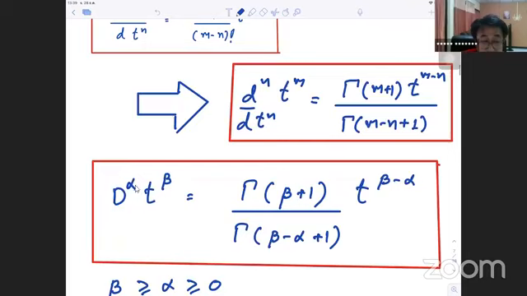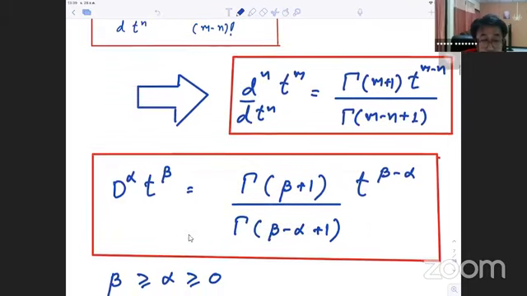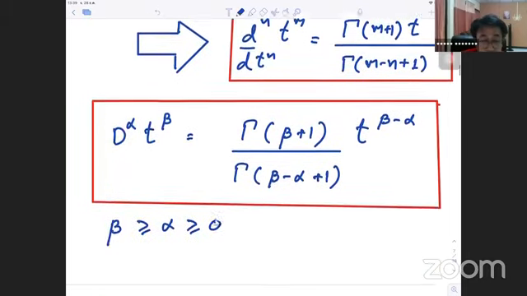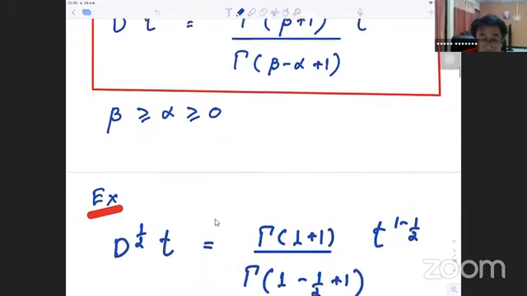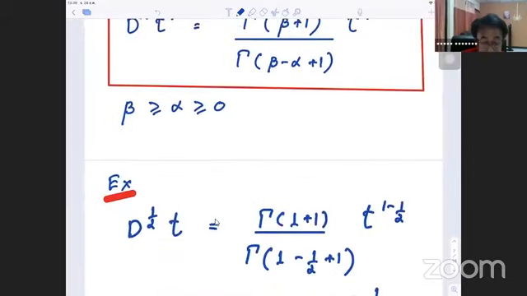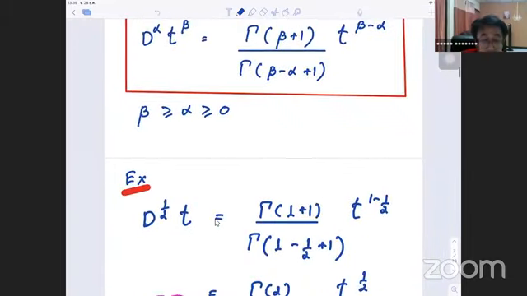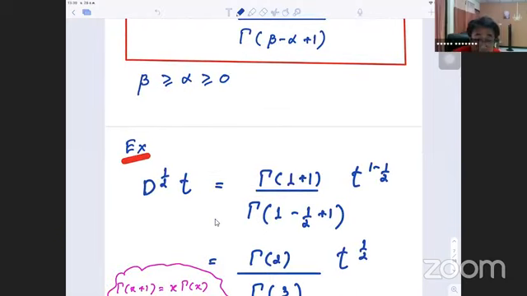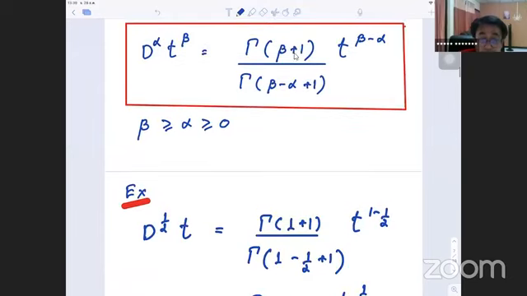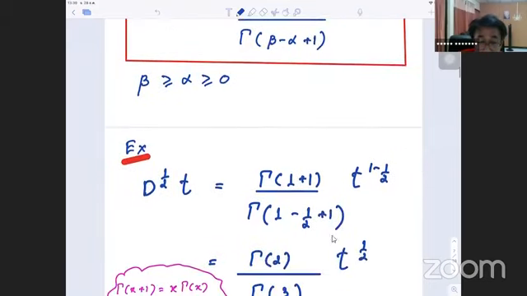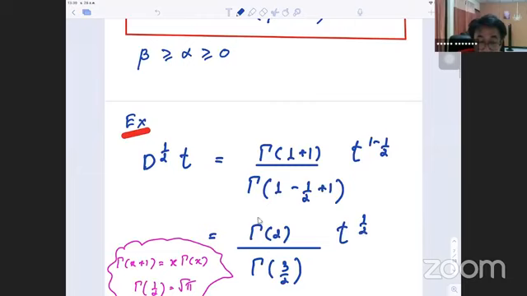Alpha is arbitrary, greater than or equal to 0. For example, the half derivative of t: use this formula, replace alpha by 1/2 and beta by 1, and get this formula.